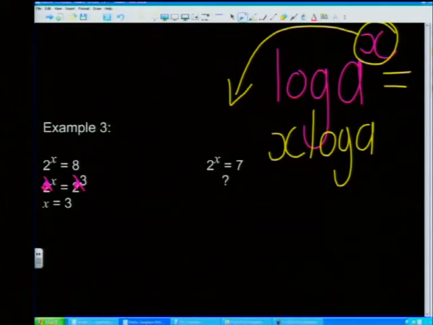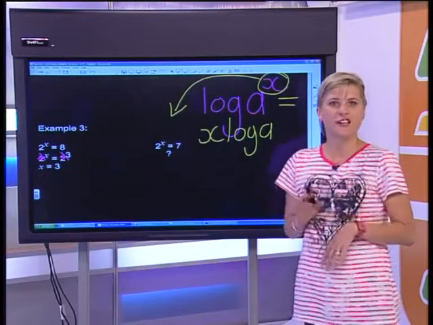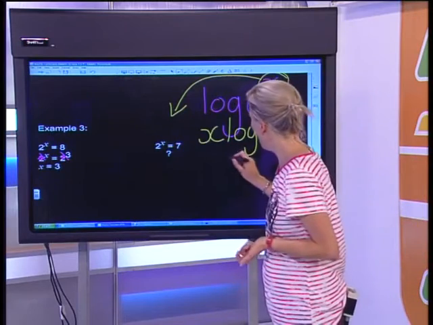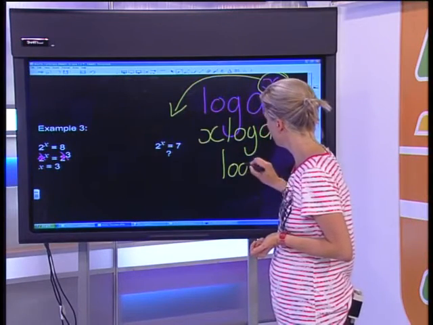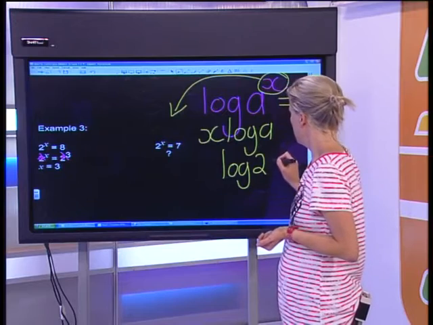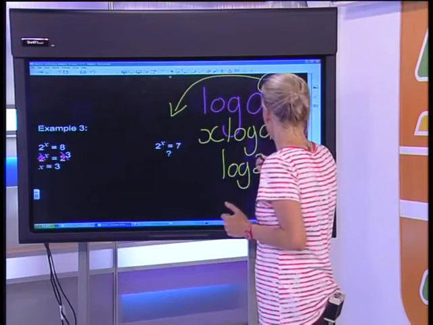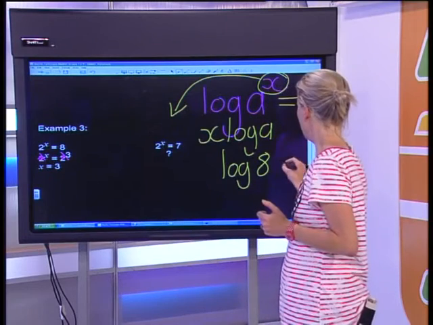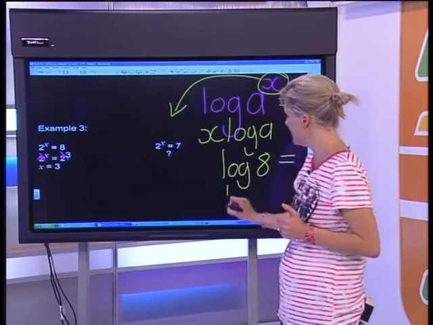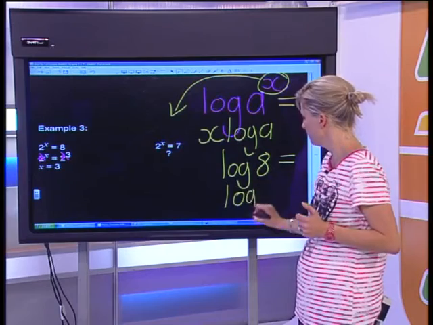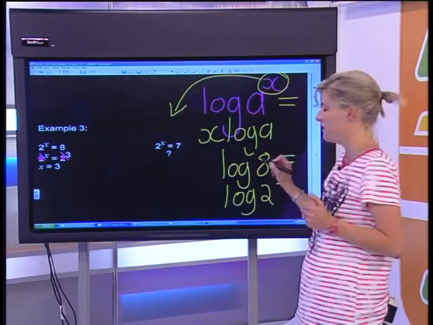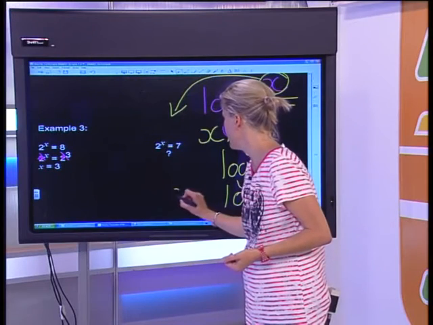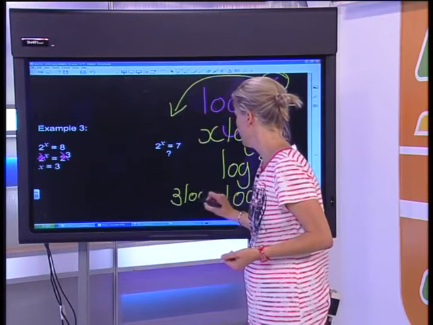Some teachers even teach you how to do this in grade 11 already, so that you can avoid all of that trial and improvement. So for instance, if I have log of 8, I'm allowed to say that the log of 8 is the same as the log of 2 to the power 3, because of course 2 to the power 3 is equal to 8, and I am then allowed to write it as 3 log 2.